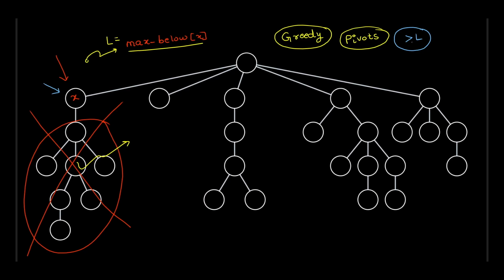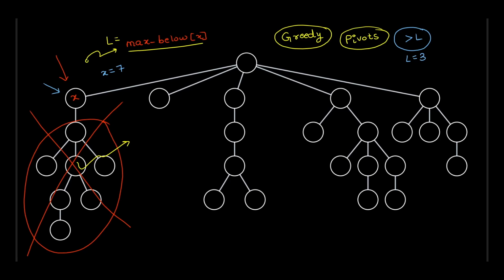So now let's locate all the numbers that are strictly greater than L in this tree. And suppose this X value is 7 and L value is, let's say, 3.